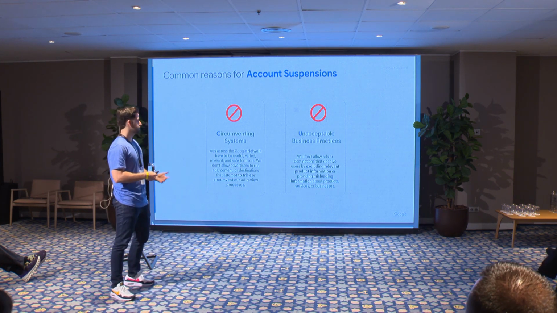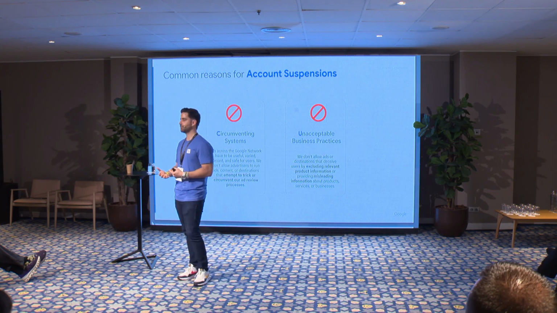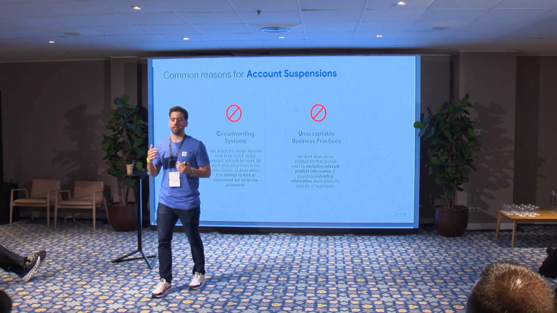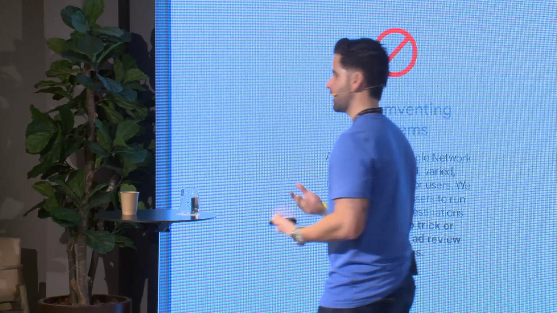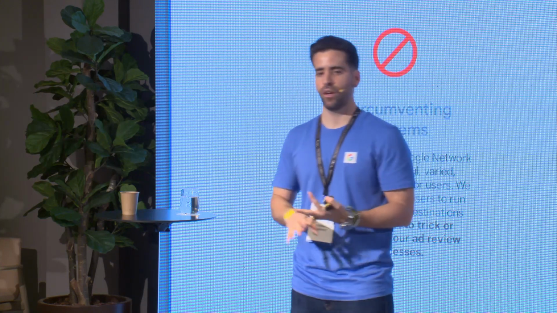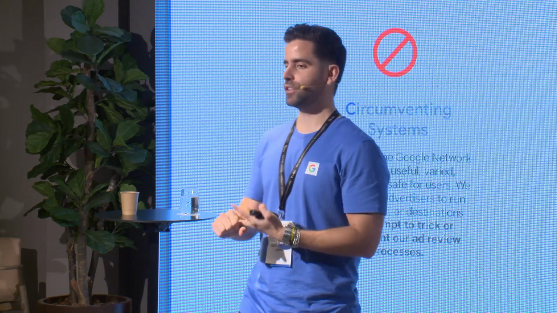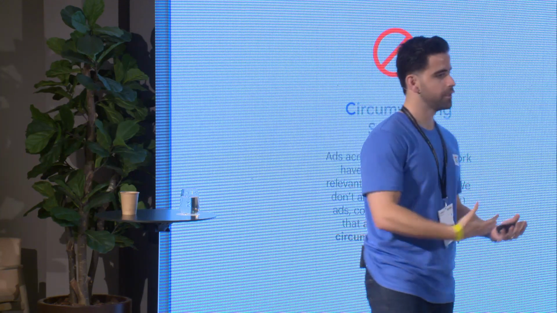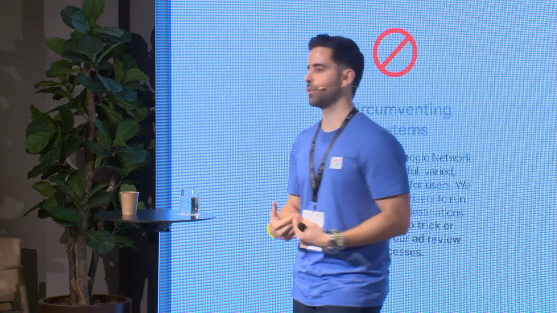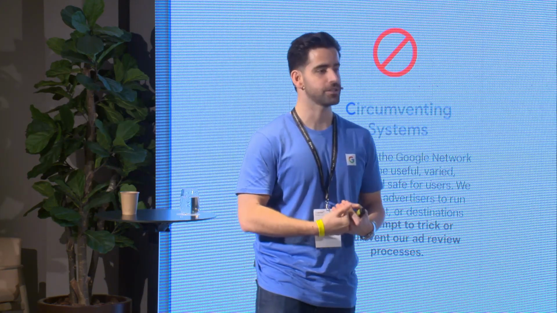And then with unacceptable business practices, it will depend on the type of information that you have on your landing page. Okay, we need to disclose as much information to the user as possible. We need contact information, a number or an email. We need to be specific about the terms and conditions so the user understands what they're subscribing to, but it also gives them the opportunity to, if I don't want this service anymore, how do I cancel it?